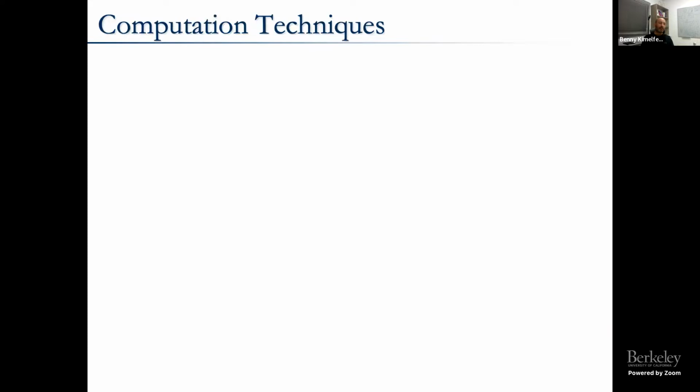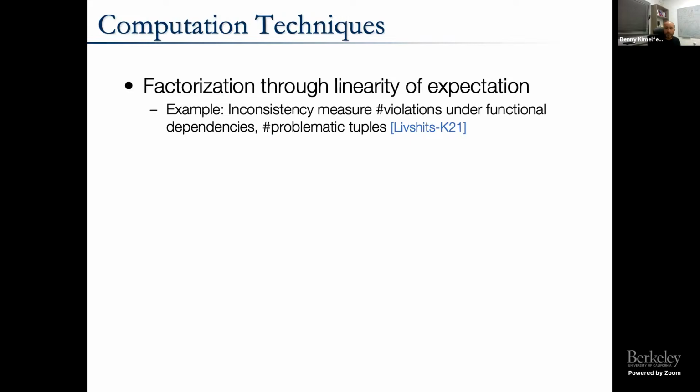Then I said that the computation is interesting, the complexity is interesting, and several techniques were used. One is just translating the formula into some closed-form formula and solving it, for example using linearity of expectation, because the Shapley value is an expectation.